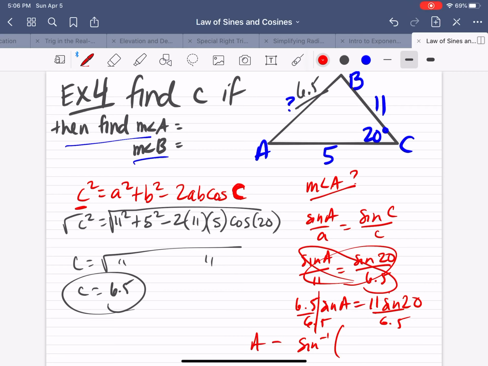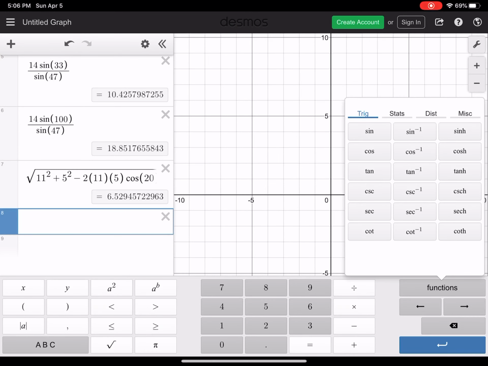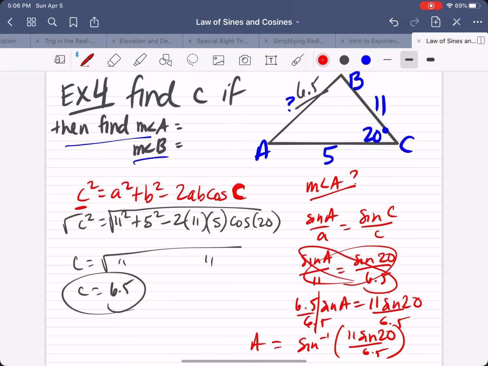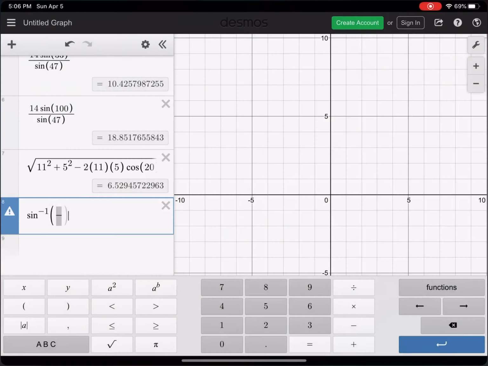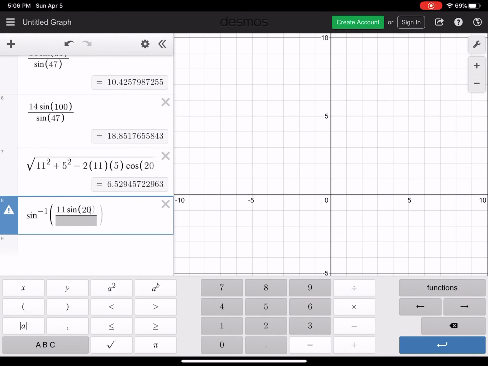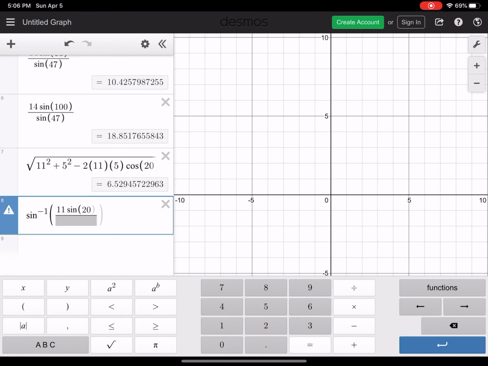To get the A by itself, do the inverse sine of both sides. So A will equal the inverse sine of 11 sine 20 divided by 6.5.